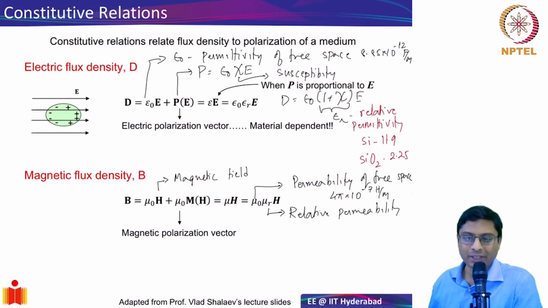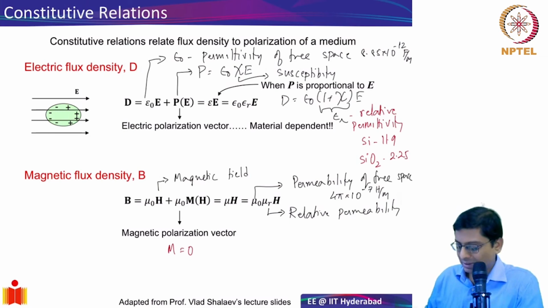It's a number, right? So in this course, we will really not focus on magnetic materials. It turns out that the magnetic response is actually quite hard at optical frequencies. So we will only focus on materials with M equal to 0, so they don't have any magnetic polarization.